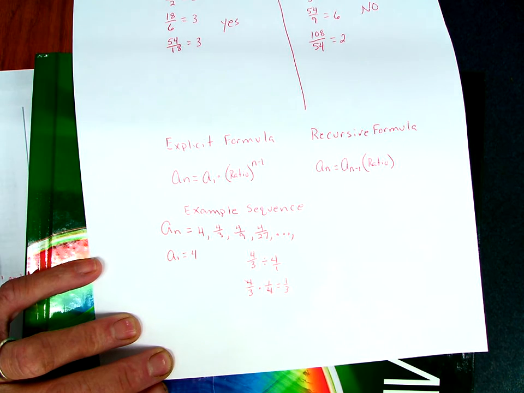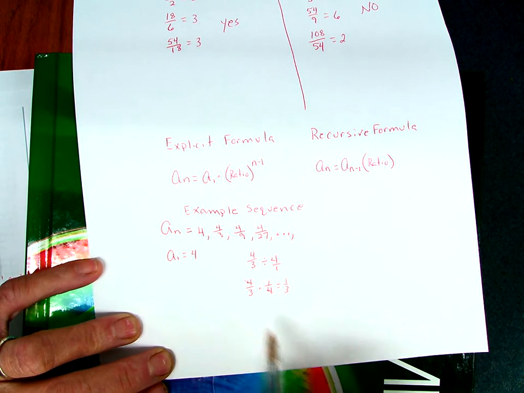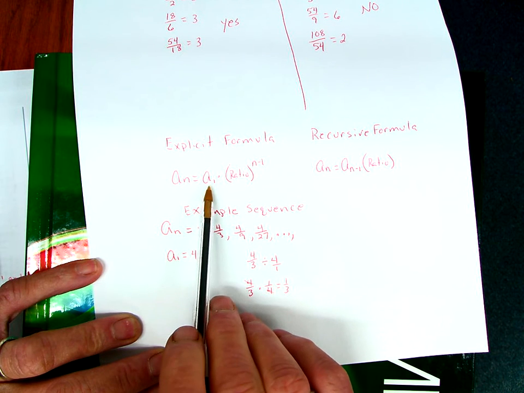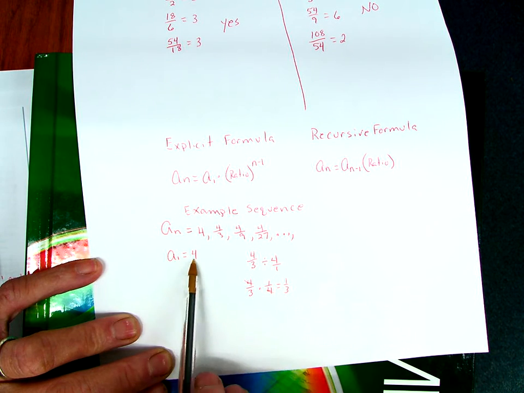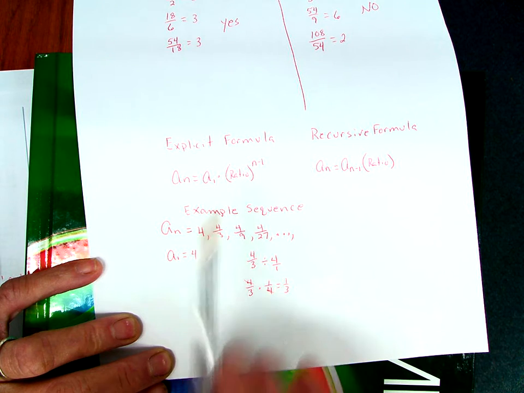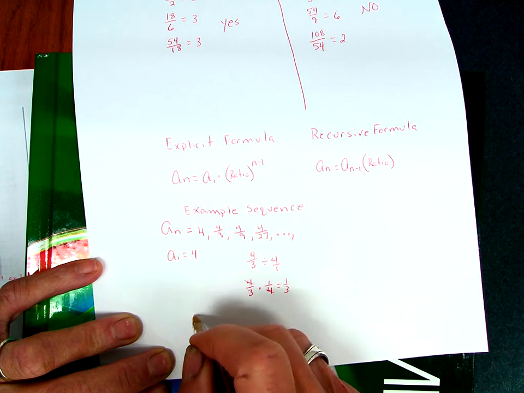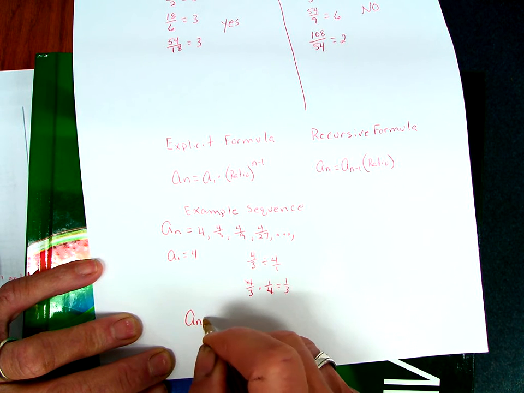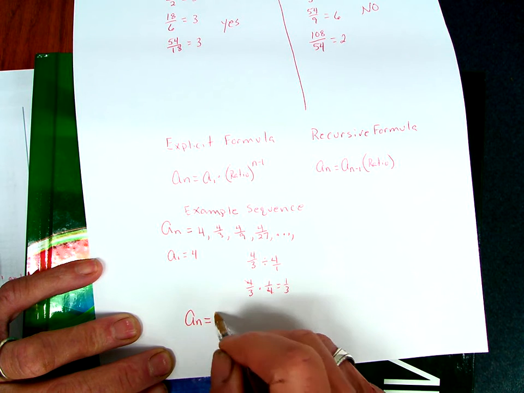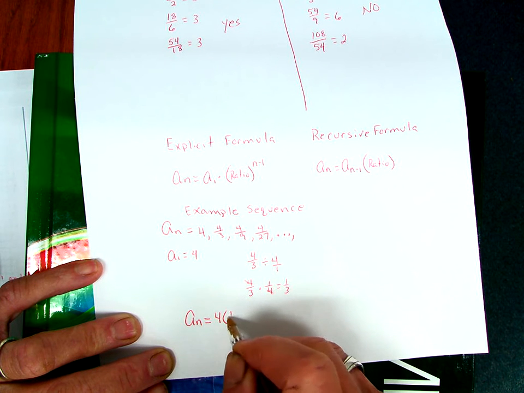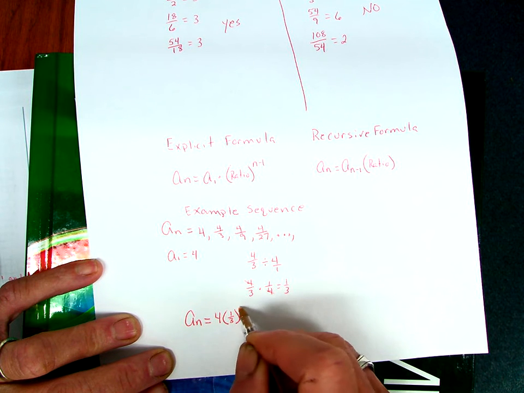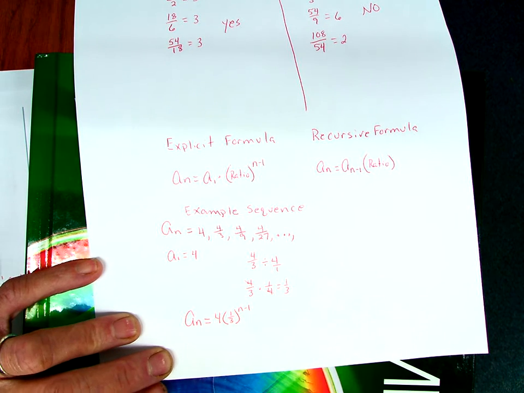Equals 1 over 3. Now I have the first element is 4. I have the common ratio, 1 over 3. So the explicit formula is a sub n equals 4 times 1/3 being raised to n minus 1.